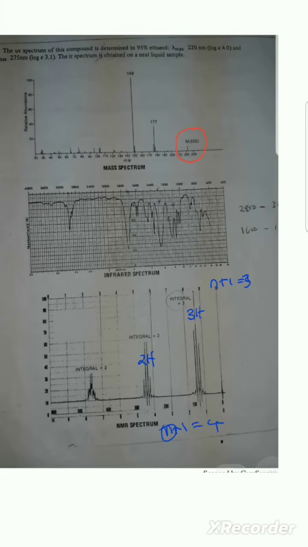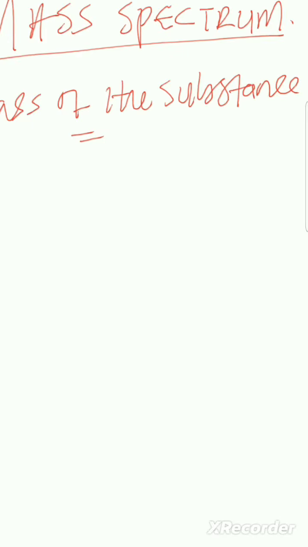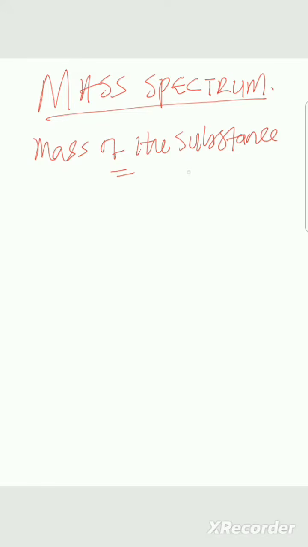This is the mass spectrum that we have. This is the mass of the drug molecule, or the sample, that we want to analyze here. So now let me write: the total mass of this substance that we have is 222, like that.